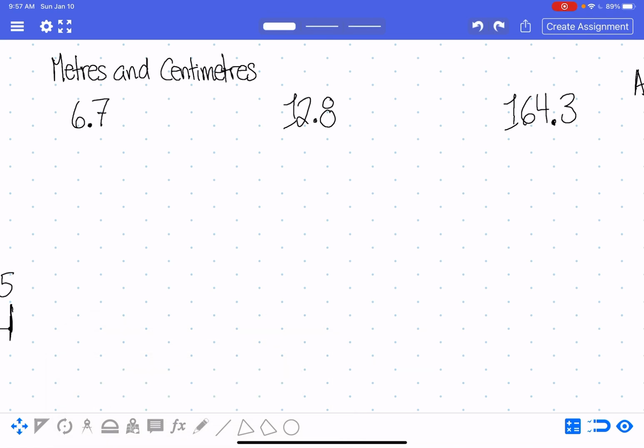I would say that 6.7 is 6 meters. And how many centimeters? If you said 7, I don't blame you, but we have to remember that after this number, you can always add a 0. You can add many zeros after a decimal number, but when you're measuring, this is really supposed to be 70, so it'd be 70 centimeters.